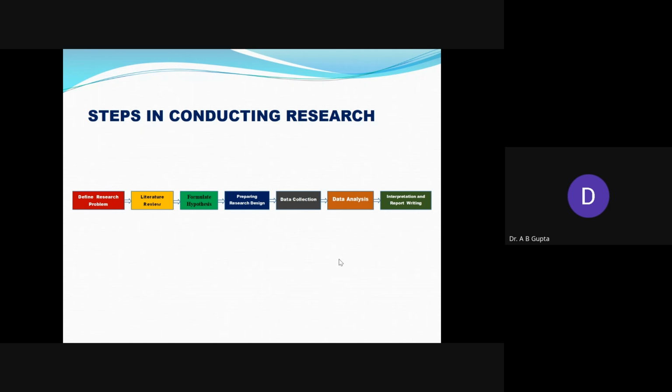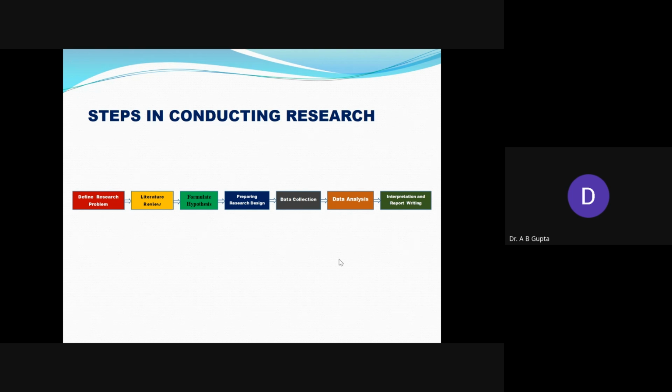If you can define the problem properly, okay, in one or two lines, if you are able to define the problem, so that is your first step, and very very important step, because so many times you must have seen people are carrying out research, but they do not have clarity on which problem they are working. Okay, so the first step is clearly define your research problem. This is the first step.